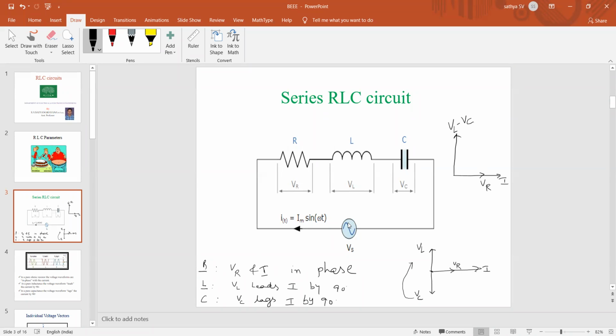By shifting VC to the positive j omega axis side, I keep the negative sign. Therefore, what is the resultant now? It should be easy to draw the resultant vector: VR plus VL minus VC. That is our total voltage VS, which is applied across the circuit.